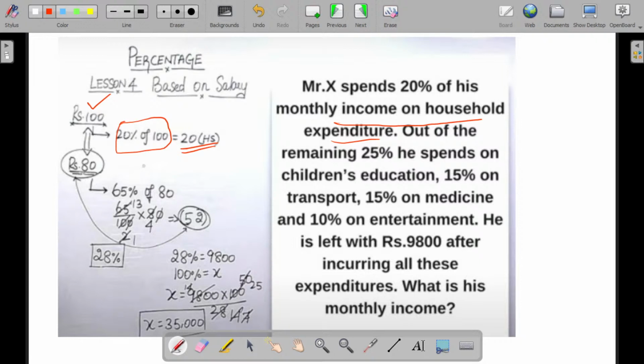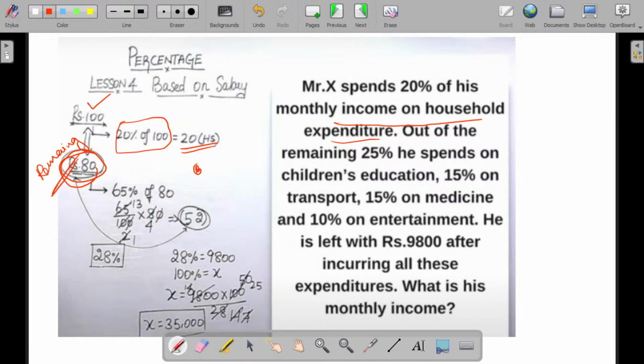Out of remaining how much? Remaining is 80. This is the remaining amount.